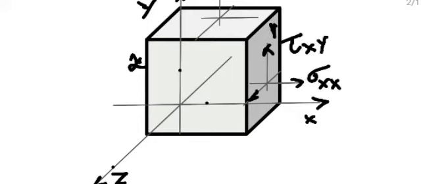The third one is also shear stress only, acting in a plane whose normal is x-axis, and acting in z direction, so it is tau xz.